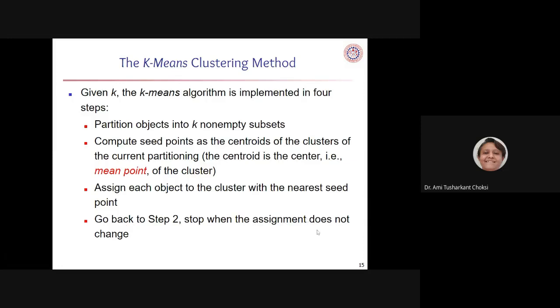Stop when the assignment does not have any change. We were using the mean point, and then finding the distance to whichever K clusters are there. Wherever the distance is less, in that particular cluster we move our data point. And we stop this algorithm when no further changes happen, that is, there is no movement of data objects from any cluster to another cluster.